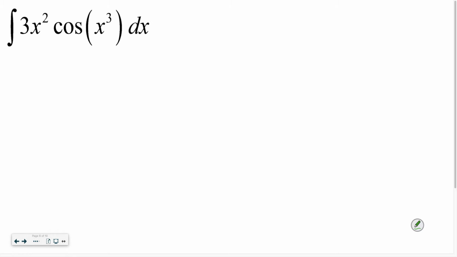Okay? So our composition part is right here. X cubed is inside of cosine. So that would be one place to start. Okay? U, we could let equal inside of cosine, x cubed.